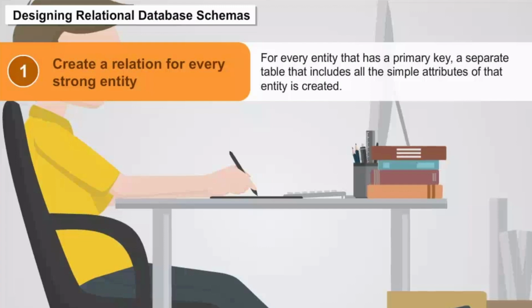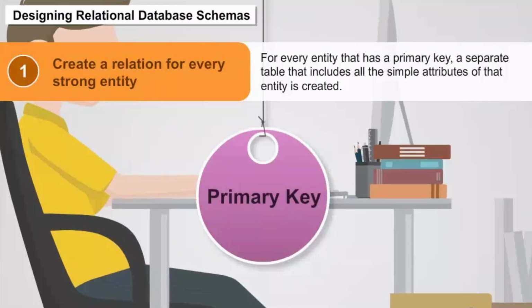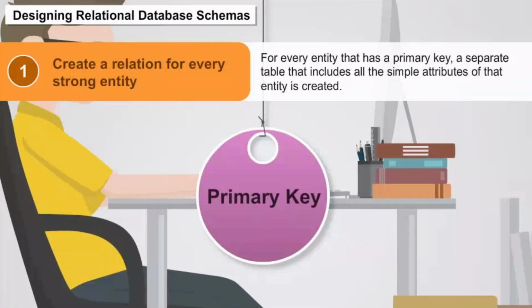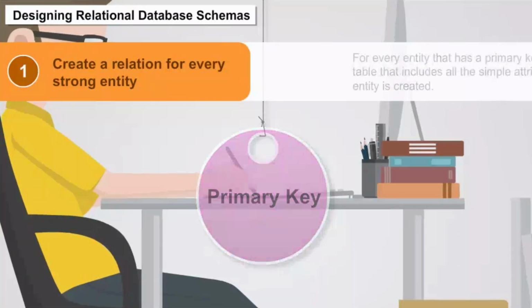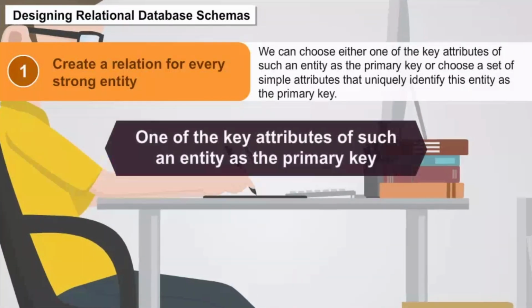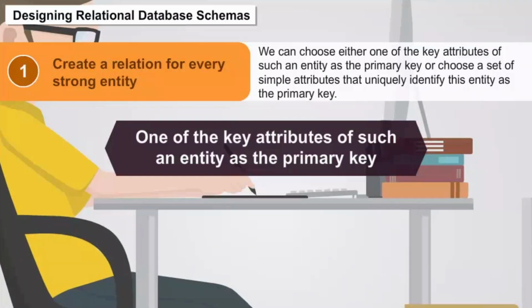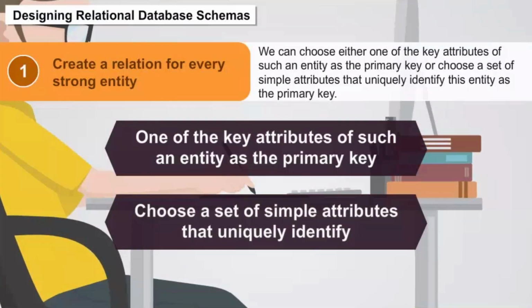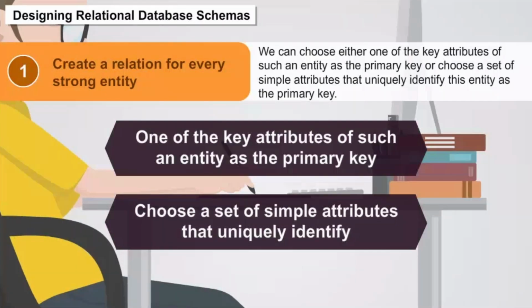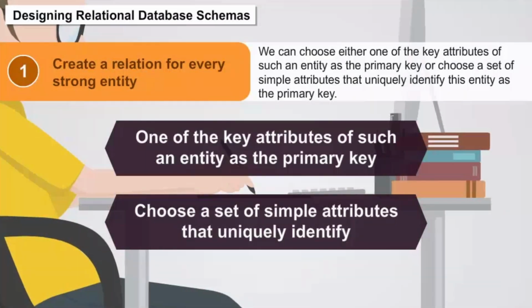For every entity that has a primary key, a separate table that includes all the simple attributes of that entity is created. We can choose either one of the key attributes of such an entity as the primary key, or choose a set of simple attributes that uniquely identify this entity as the primary key.